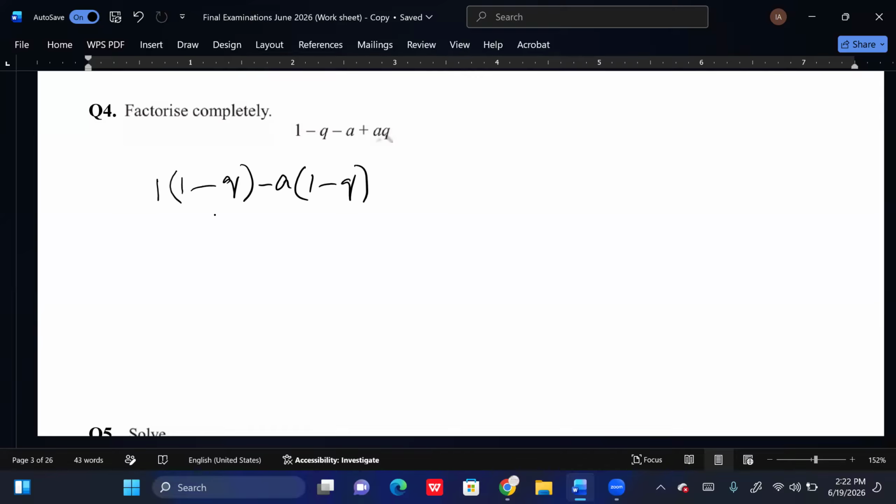The two brackets are identical. Yes, that's the good thing. This is what I want. To write this bracket first and write down the remainings. So after omitting this bracket, I have 1.